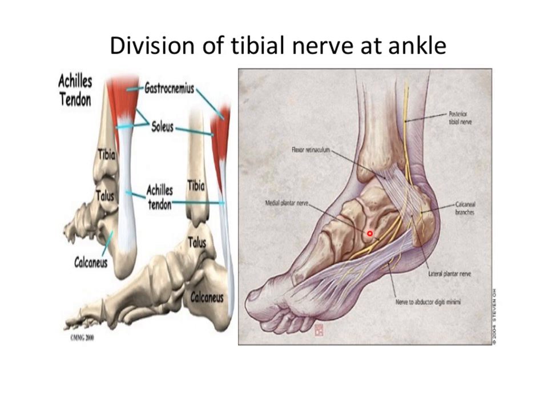If you see the medial plantar nerve, it is the larger terminal branch. It begins deep to the flexor retinaculum. This is the flexor retinaculum. The medial plantar nerve begins deep to the flexor retinaculum, and it is accompanied by the medial plantar artery.